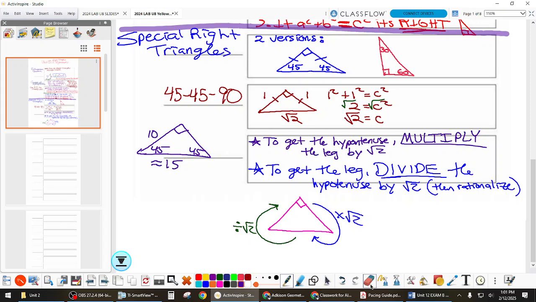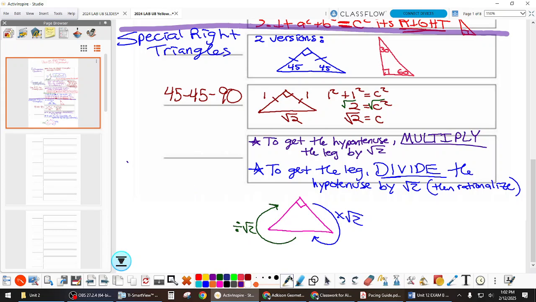Okay? It also tells us the other direction. If I tell you this is 15, it tells us that this has to be shorter by roughly 1.5 times. Or roughly 2/3, so this would be 10. Okay? Always, for every 45, 45, 90 triangle, that will always be true.